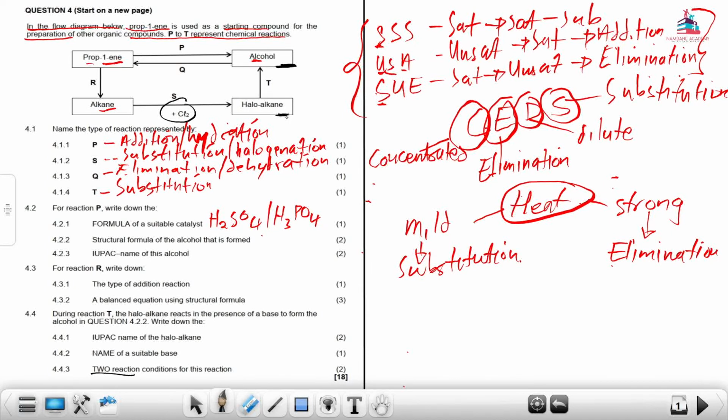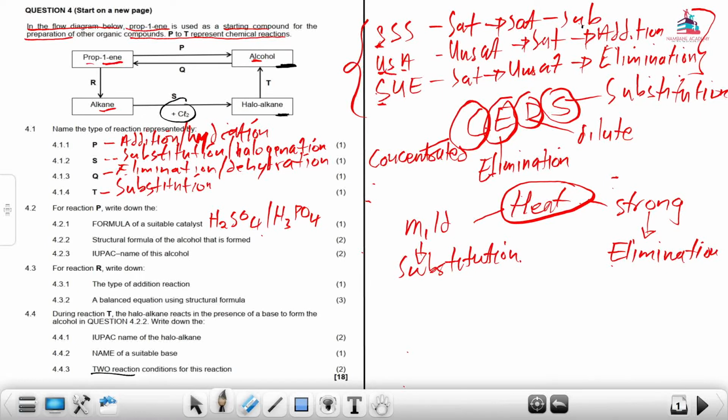We said we are moving from a haloalkane to an alcohol, so it is from saturated to saturated, so that reaction must be substitution. So for substitution, the first thing that I know, according to this analogy, must be dilute strong base for substitution.